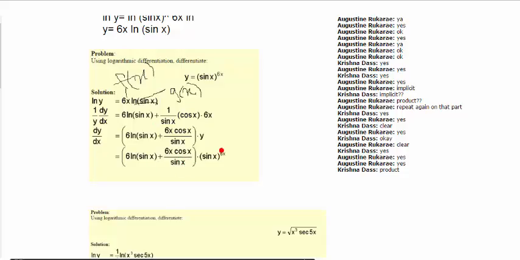Now, we cannot leave anything in terms of y on this side. So I have to substitute my y back, because my original y is sin x to the power 6x. So I will change it back. And this part will come from the top. So that's how logarithmic differentiation works. Is there any question?